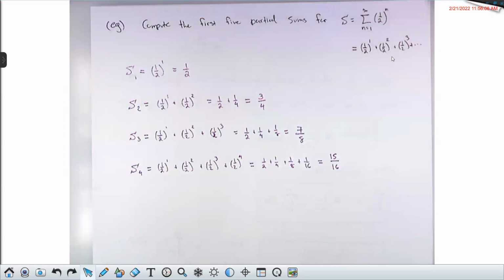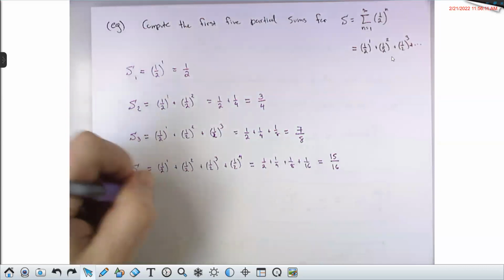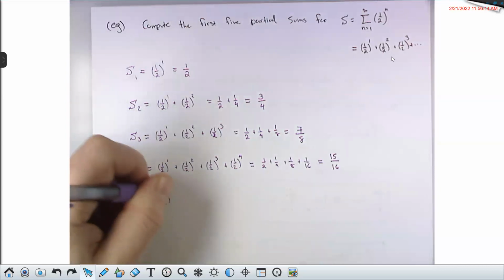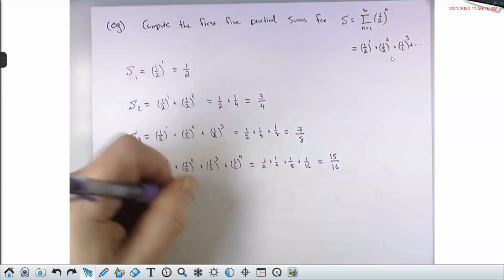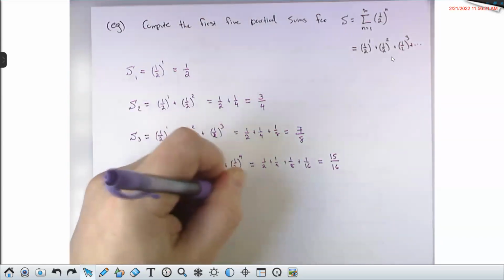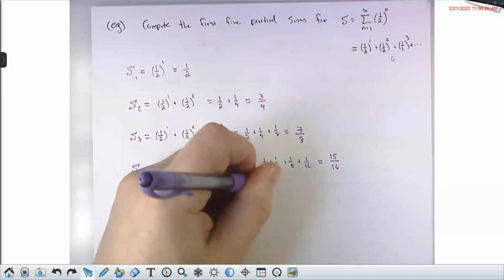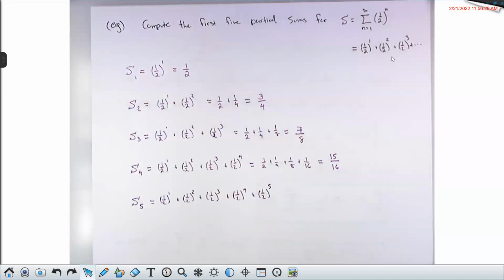And we wanted the first 5, so I'll do one more. S5 would be 1/2 to the 1 plus 1/2 to the 2 plus 1/2 to the 3 plus 1/2 to the 4 plus 1/2 to the 5. And this time I'm going to use that observation we just made. The first 4 terms here are the thing that I just computed. I know that the first 4 terms here is 15/16.